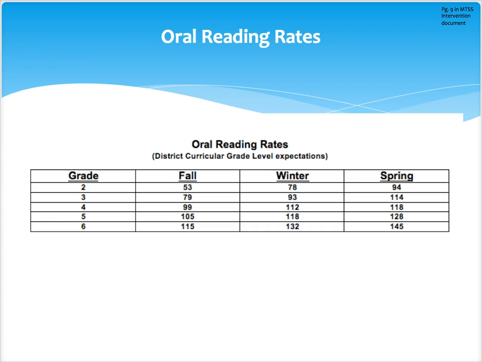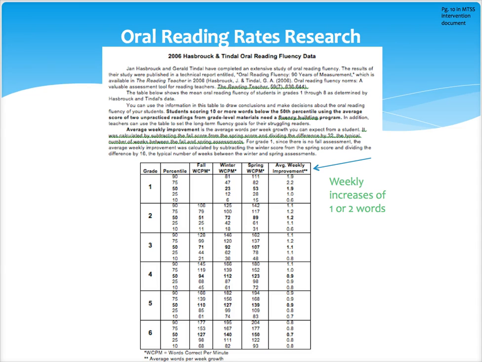Here are the oral reading rates on page 9 in your MTSS intervention document, just to see where the student should be reading, how many words per minute they should be reading. This is interesting. Some data shows us that on average, students should be improving their words per minute by only 1 or 2 words.